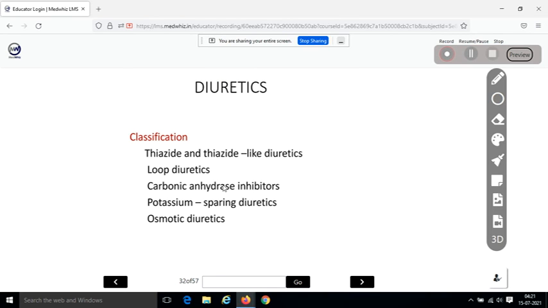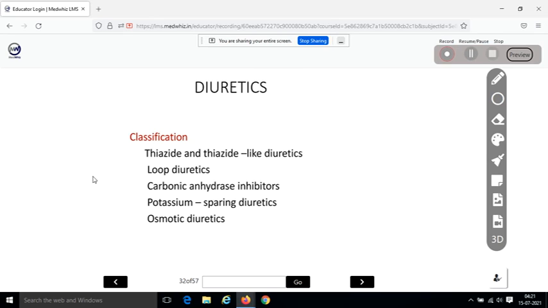So these are the various drugs available in the classification. For each group, you should know the mechanism of action, therapeutic uses, adverse effects, indications, and contraindications. The first group is carbonic anhydrase inhibitors.